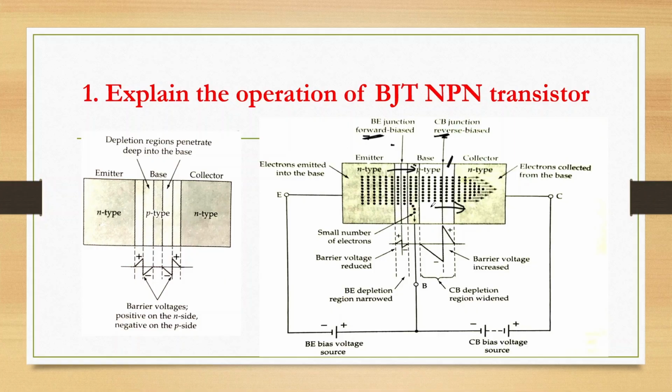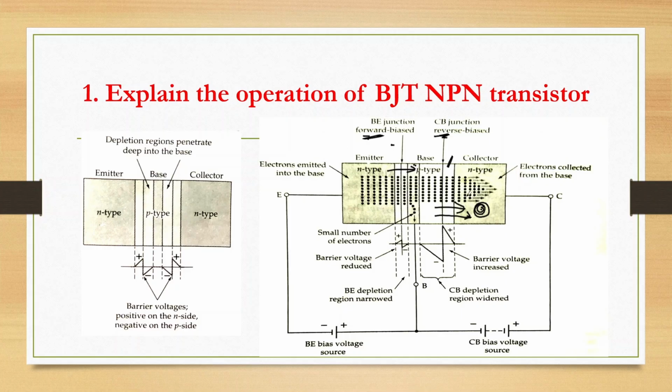Since electrons are negatively charged, they are drawn across the CB junction by this bias voltage. So electrons are said to be collected in the collector region. Hence the name collector is kept for this particular region.